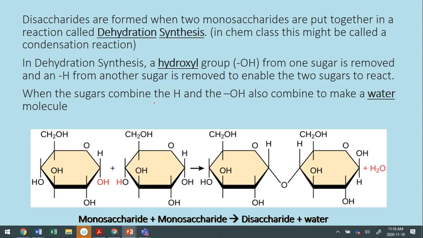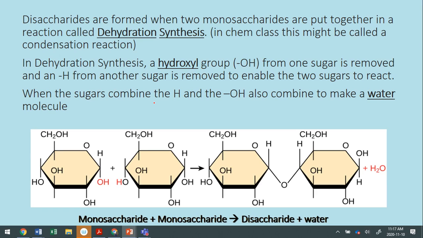Now, this is where some chemistry comes in. When we join sugar units together, we're taking two smaller units and joining them together into a larger unit. You guys remember what type of metabolism that was called? So we're not breaking apart things.